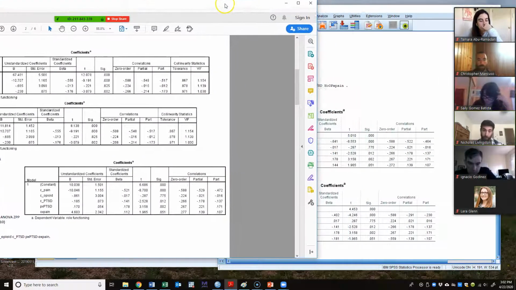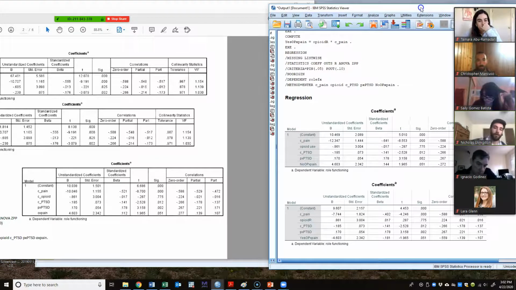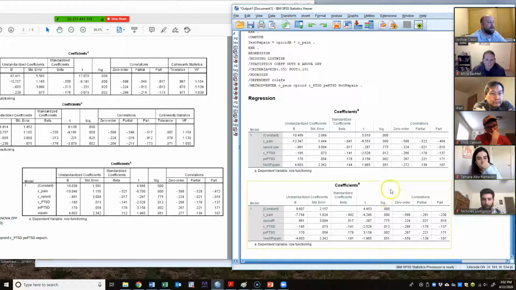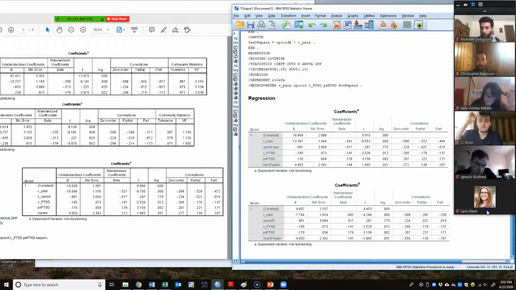Because if I'm looking at my original model, CJ, what should I see as being the same across my simple slope models and my overall model that I ran here?